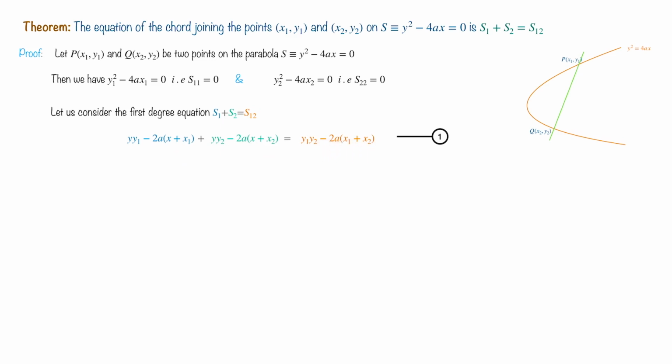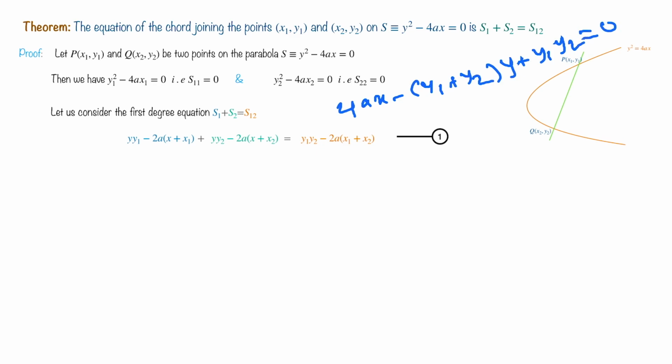If you simplify the whole thing, you will end up with the first degree equation, that is 4ax minus (y1 plus y2) y plus y1 y2 equal to 0. Feel free to verify this.